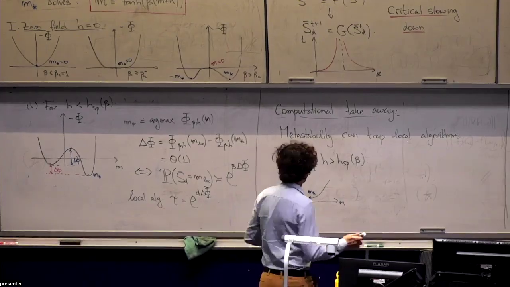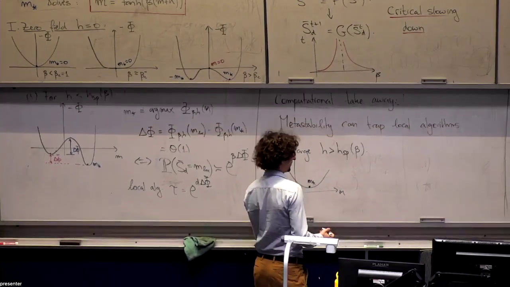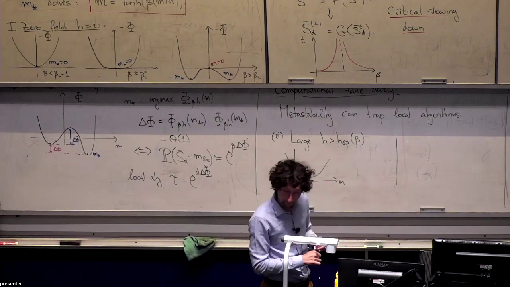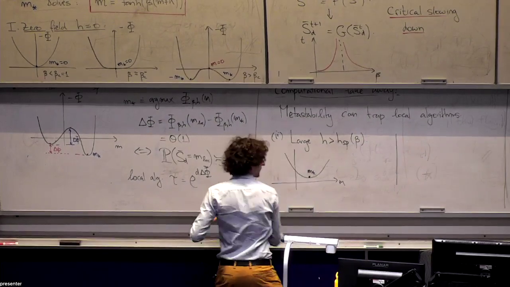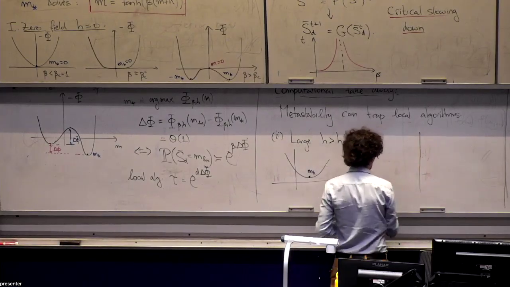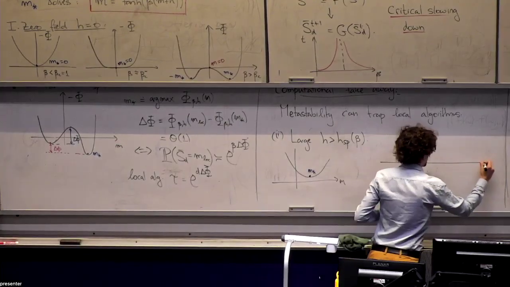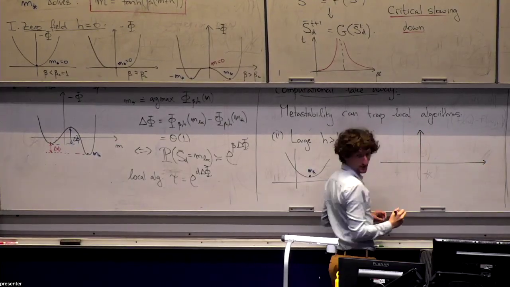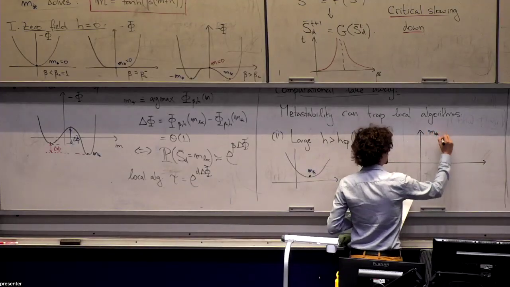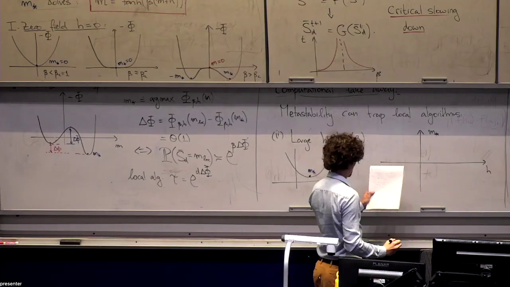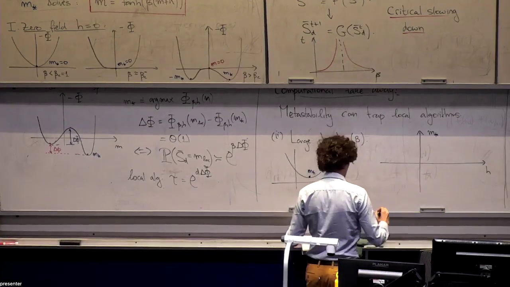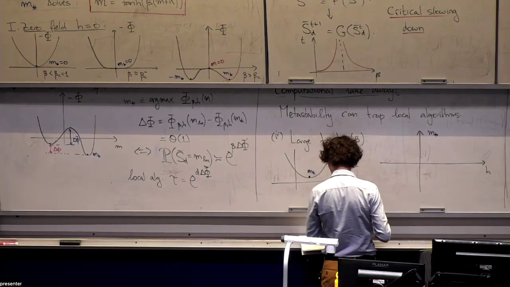Okay, so now let me make a plot of what happens with the magnetization as a function of h. Essentially, what you're going to get is something like that. It's a bit of a tricky plot.